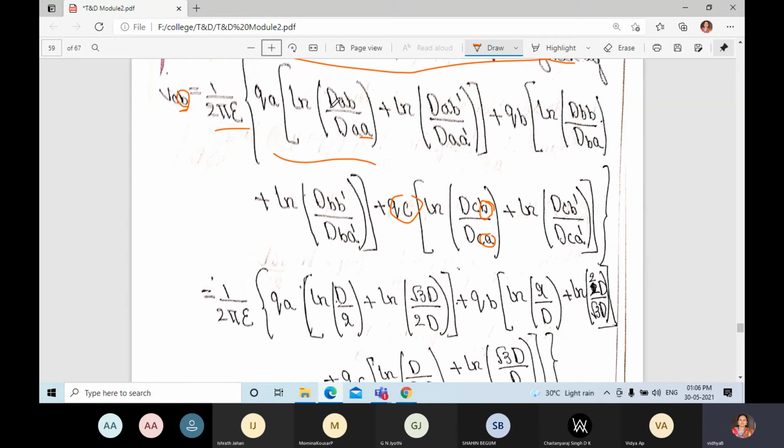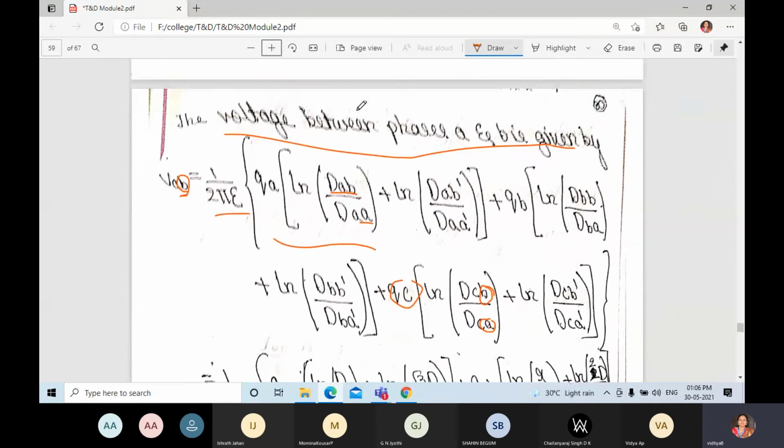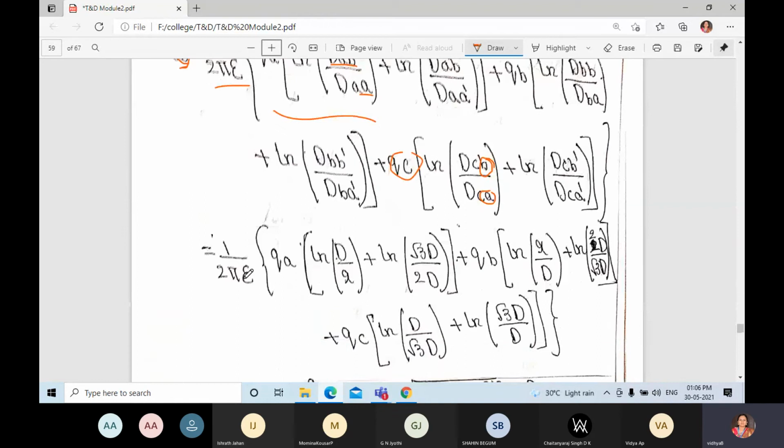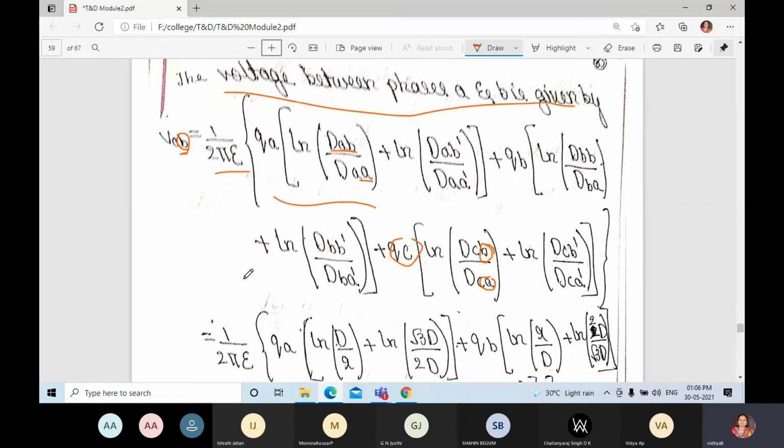Now we should write the distance between A and B. In the diagram you can observe the distance between A and B is D. If they are not given, we need to find out the distance. The distance between A and A, we will write as R, and the distance between A and B dash is square root of 3 into D, and the distance between A and A dash is 2D.